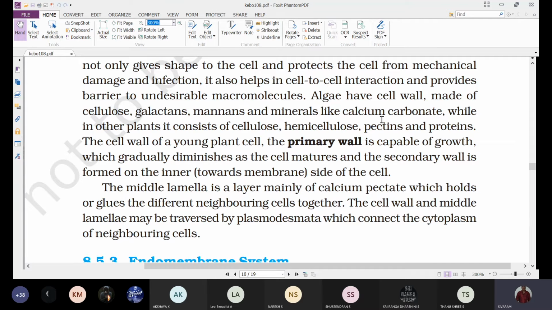As a result, slowly the cell loses its ability to grow and divide. That means once the secondary cell wall material is deposited, the cell cannot grow, and the cell cannot even divide.